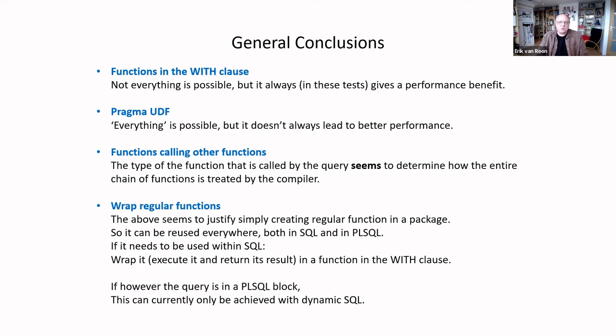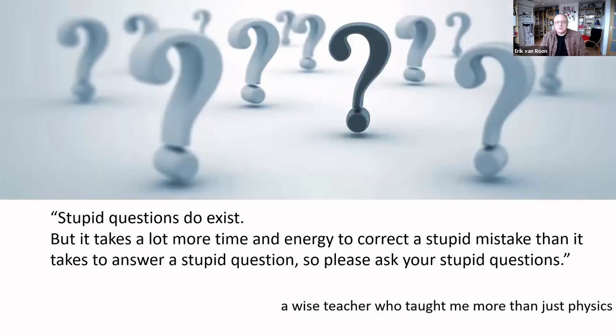That function in your with clause could be very simple. It just calls the other function and returns its result. And then you can get the performance gain from the function in the with clause. Unfortunately, you can only do this within SQL and not within PL/SQL. If you want to do it there, then you will have to do dynamic SQL. And those were my conclusions.